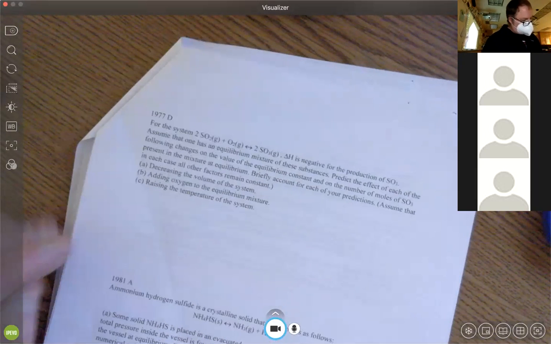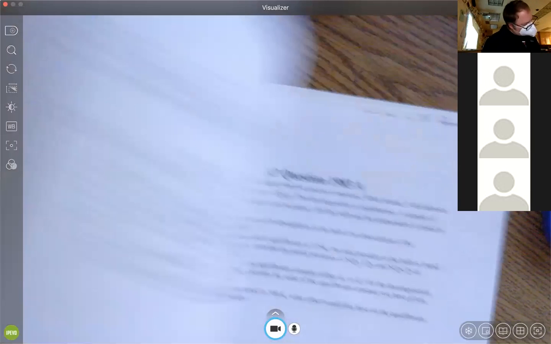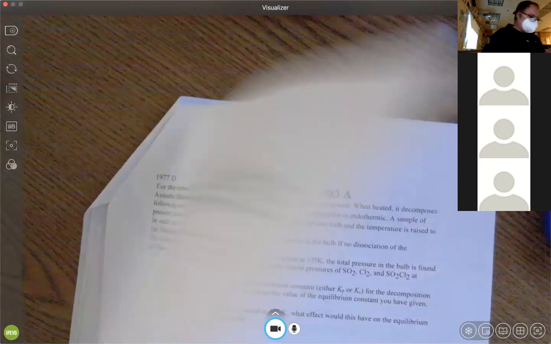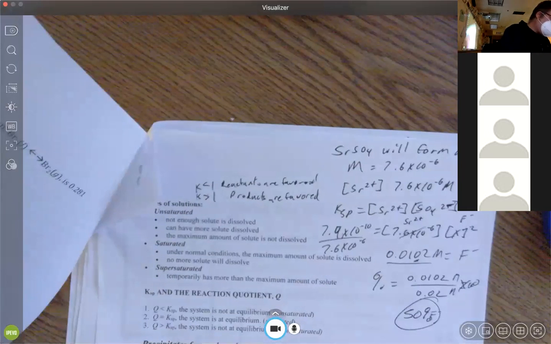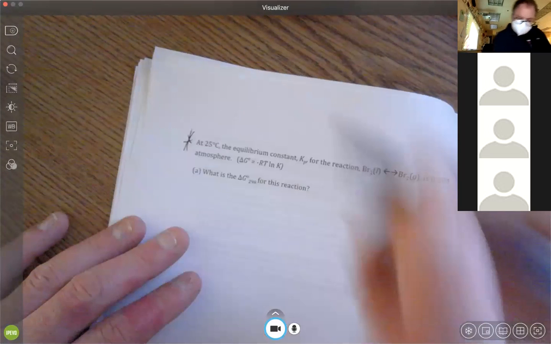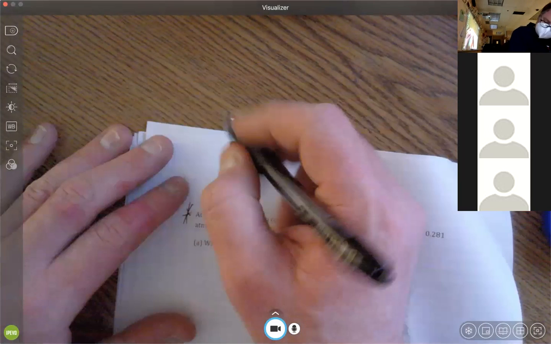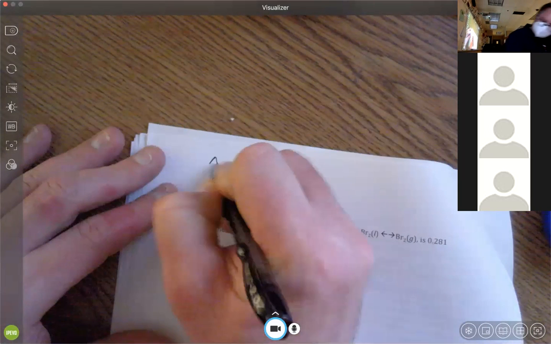I wanted to give you guys good free energy. Oh, let's try this problem, the one all the way on the back. And also let's try this too. Let's say delta H equals 30 kilojoules per mole.